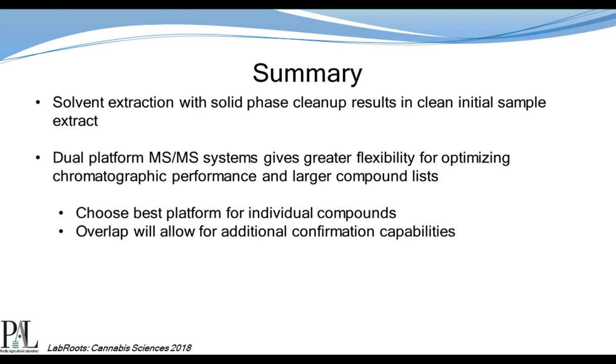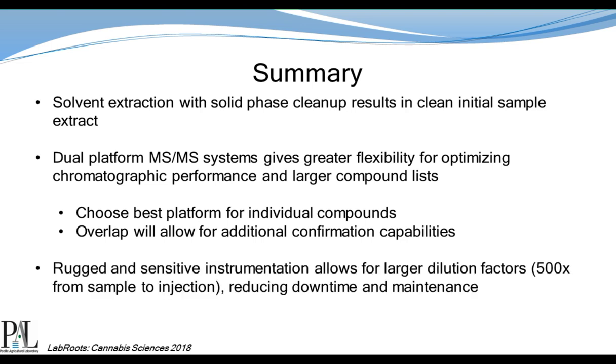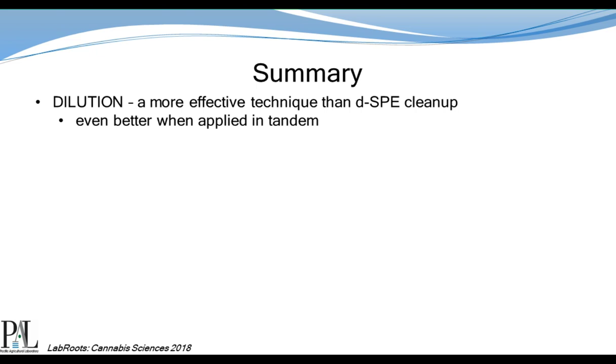It gives you the ability to choose which platform is best for a specific compound, and there are compounds that cross over between the two instruments. So if a particular sample or strain is giving you some interference for a compound on one platform, you can analyze it on the other one and use it as a confirmation tool. And you need rugged and sensitive instrumentation so that you can get these large dilution factors, 500x from the sample to injection, reducing downtime and maintenance.